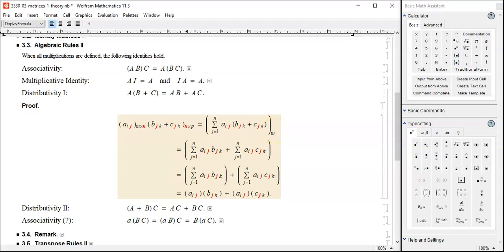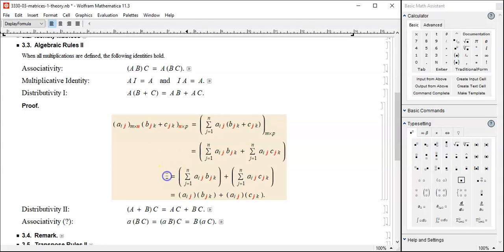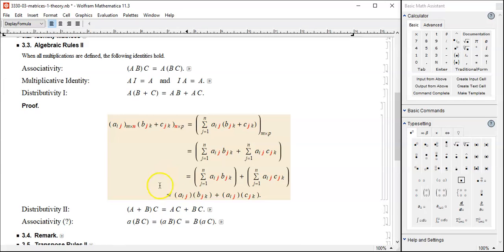So this is m by p matrix. What about the indices? ij, jk. Let's just write the size of the matrix just once, because after that, these are just matrix additions. Additions, really, it's much easier to track down the size.